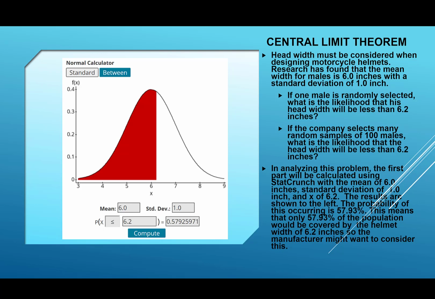And the result shown is that we would have 57.93% of the population whose head width is less than 6.2 inches. Now, this means that we manufacture helmets at that demarcation, and we're probably not going to cover most of the population.